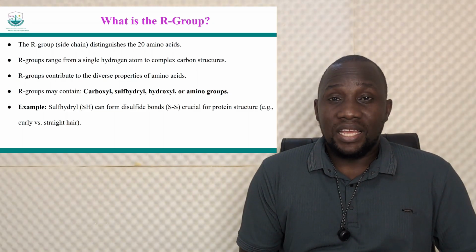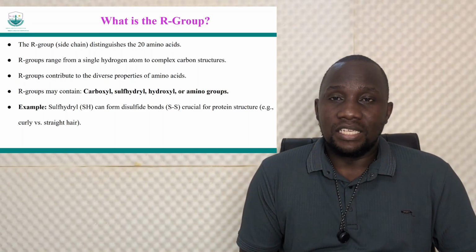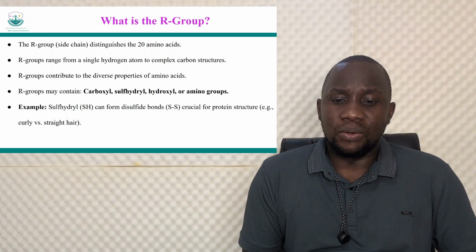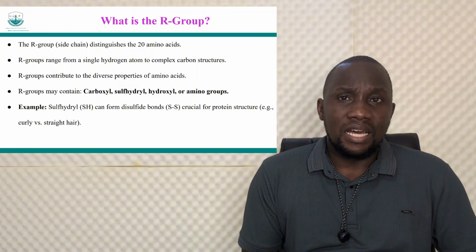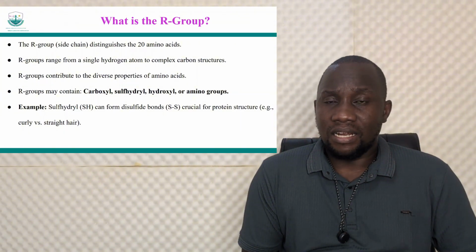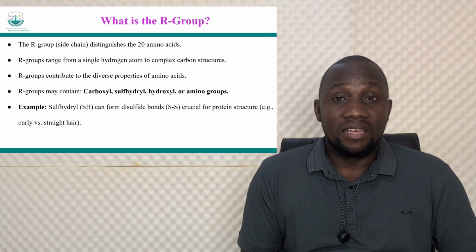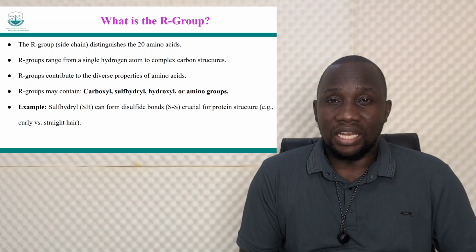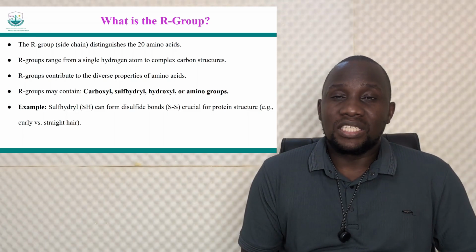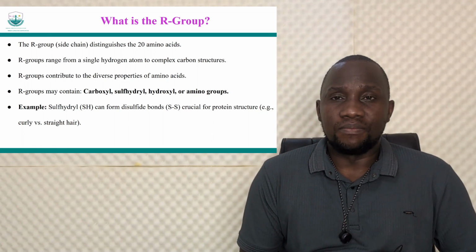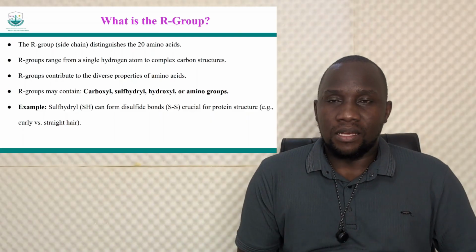So the R group we are saying is the side chain, and it can differ in different amino acids. We have over 20 amino acids, and the side chain, or the R group, can be a hydrogen atom. Or it can be a complex compound that is connected there.